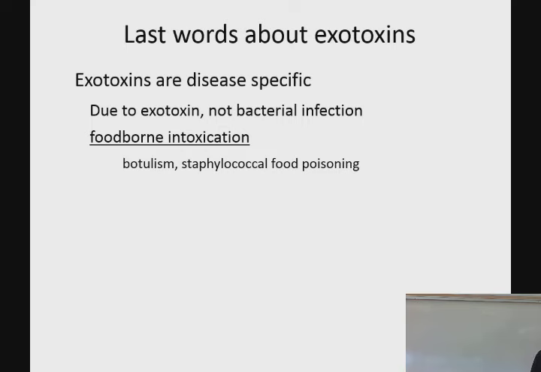It's not that the bacterial cells themselves are causing the main problem, it's the exotoxin that they secrete. When we have a food poisoning situation, for instance, Staphylococcus-based food poisoning or botulism, we call it foodborne intoxication because the majority of the effect is due to toxins.